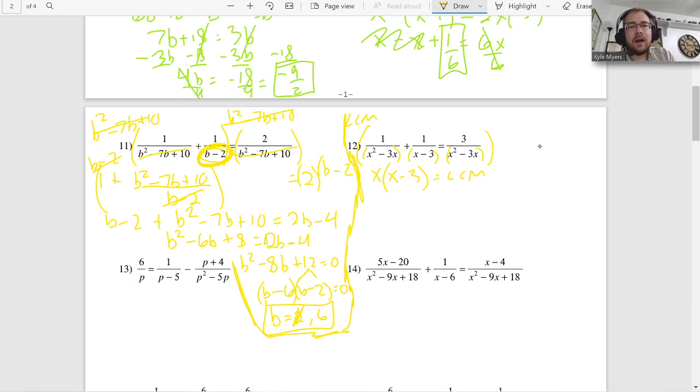So if we multiply both sides by x squared minus 3x, or you could say x parentheses x minus 3 parentheses, that all goes away. So we just have 1. Then next, only the x minus 3's would cancel, and I would have x left. Next, the whole thing cancels, and I would have 3.